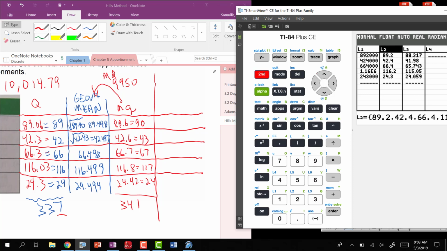Let's divide second L1 by 9,000. What do we do for that one? 9,950? Is that what it was? Boy, I don't know. 9,990. Enter. Let's try second.